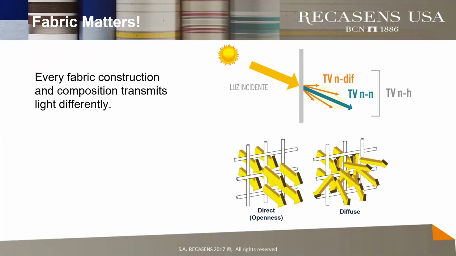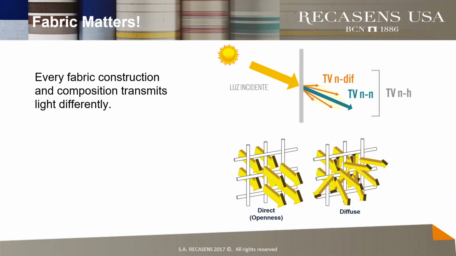And certain constructions of fabric allow light to transmit through it. And this can be a very positive thing when you can control the amount of light that passes through a textile.